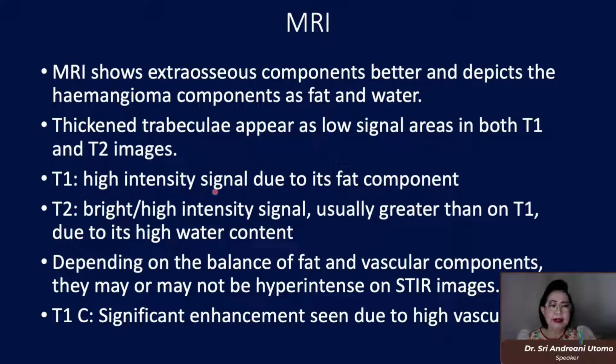T1 shows high intensity signal due to its fat component, and T2 is bright, with high intensity signal usually greater than on T1 due to its high water content. Depending on the balance of fat and vascular components, they may or may not be hyperintense on fat-suppressed images. And on T1 post-contrast it will show significant enhancement due to high vascularity.